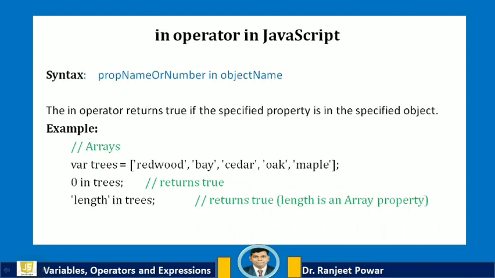The next is the in operator. The in operator returns true if the specified property is in the specified object, where prop name or number is a string, numeric, or symbol expression representing a property name or array index, and object name is the name of an object.